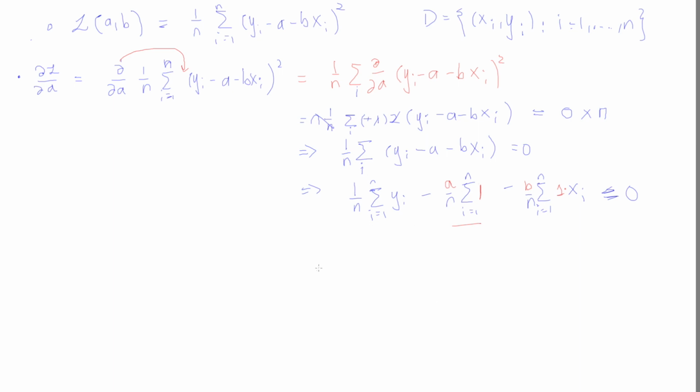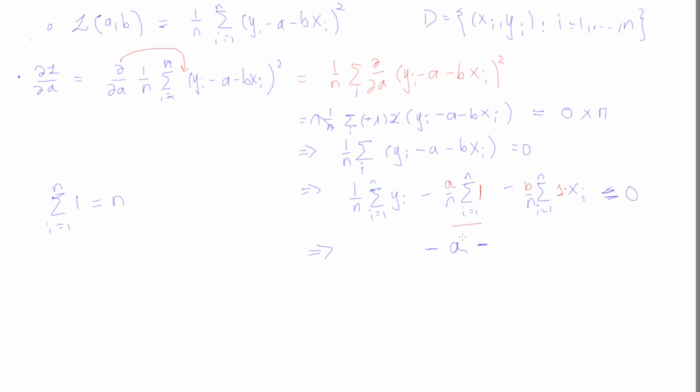Okay, so what does this line imply? First of all, this a over n times the sum of 1. Let's just do a quick calculation here. Hopefully you remember that the sum from 1 to n of 1 is just n, because I'm just counting 1 n times, and I have a 1 over n outside. So all I'm going to get is a minus a here.